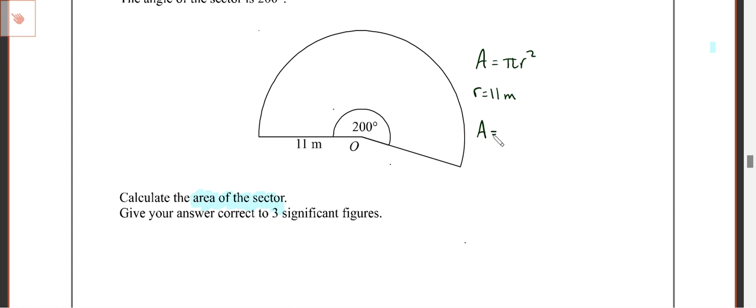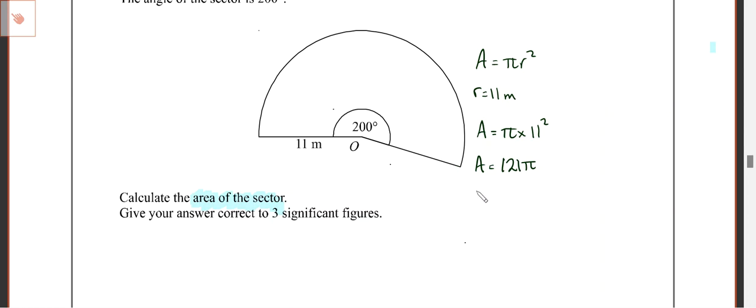So the area of the entire circle would be pi times 11 squared. Now, do you notice this one says 3 significant figures? But this one I'm not leaving in terms of pi. But what I could do is say it's 121 pi. Are you okay with that for the moment? And I'm going to do it afterwards. Or would you rather keep it what we've been doing before?